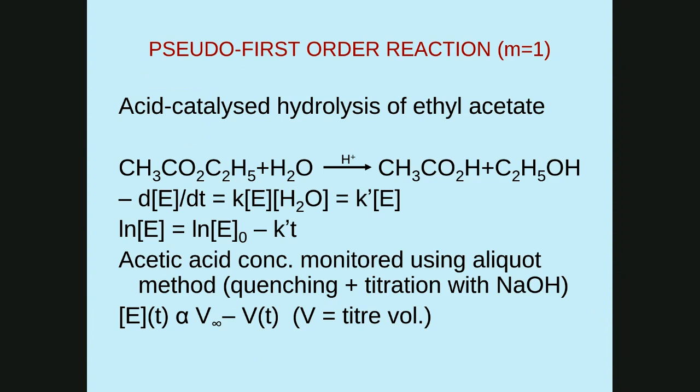Okay, now look at this particular reaction, which is again of a pseudo first order type. It's a second order reaction. It involves one ethyl acetate and one water molecule, but because water is in excess over the concentration of ethyl acetate, its concentration is essentially constant.